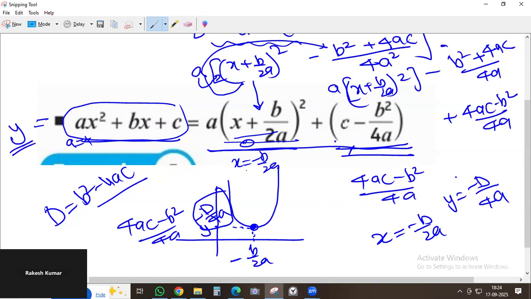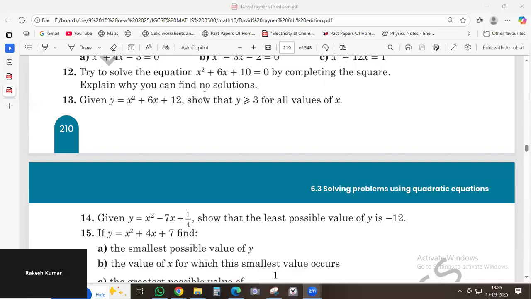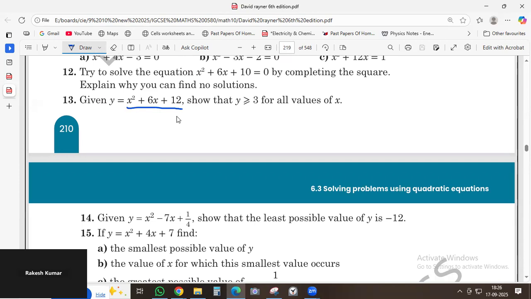So if somebody gives you any completing the square question and says, let me see a question, hold on. The question says this is the curve, this is a function, show that y is always greater than 3.